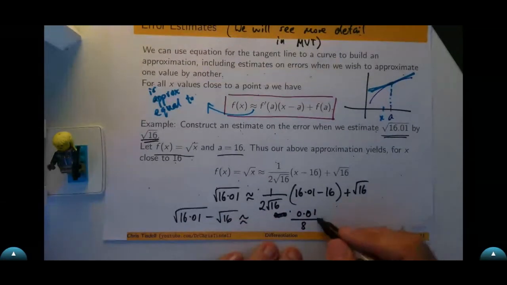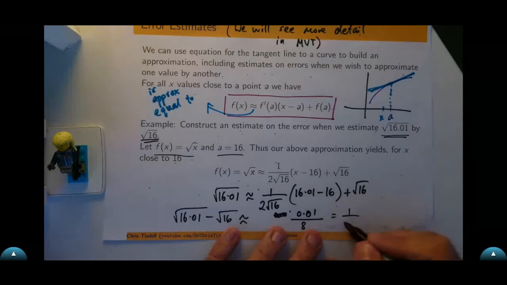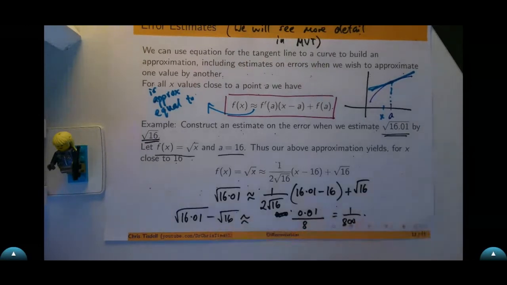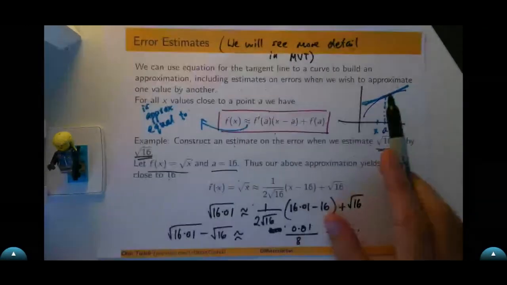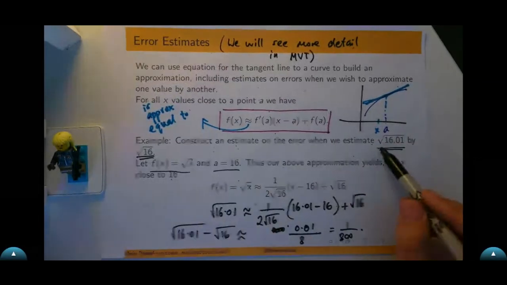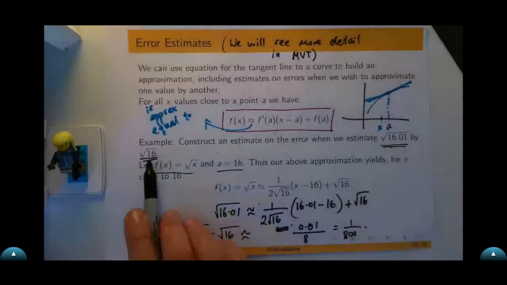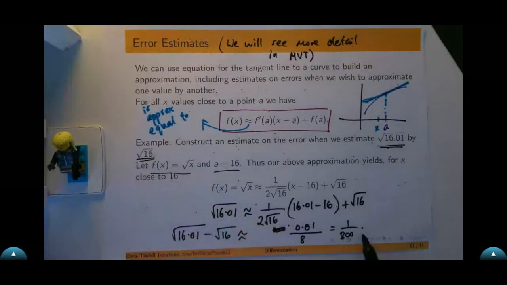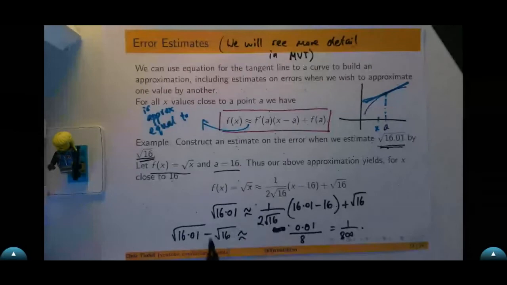So this is basically 1 on 800. If we wanted to approximate this thing that's hard to calculate by this thing that's easy to calculate, the bottom line tells us that the error between our calculation and what we really want is pretty small, right? It's pretty small.